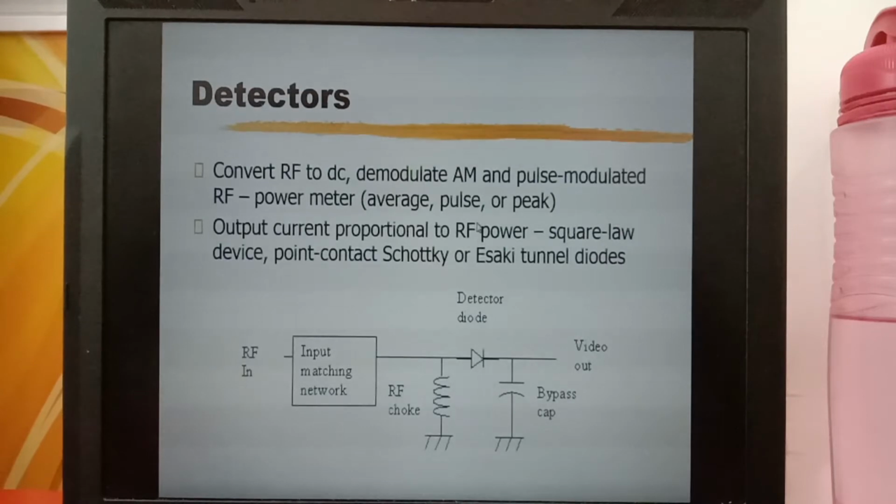Therefore, this detector is also called a square law device. Some examples of detectors used in microwave communication systems are the point contact Schottky diode and Esaki tunnel diodes.